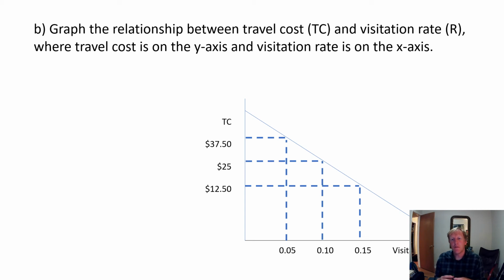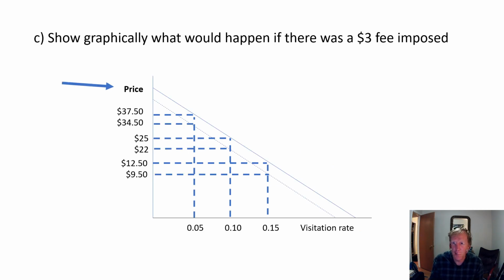So we want to have the same visitation rates at that $12.50. So what we're going to do is, well, let's do it in the next slide. We're going to shift the demand curve down by that $3, right? So if there's a $3 fee imposed, actually the people that are paying $12.50 are going to look like the people that used to pay $9.50.